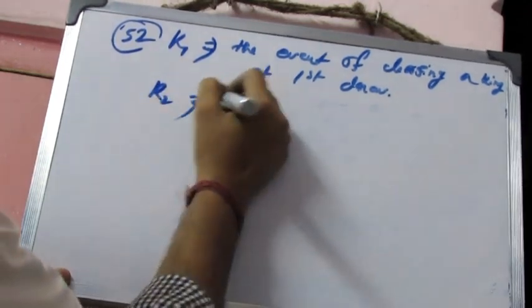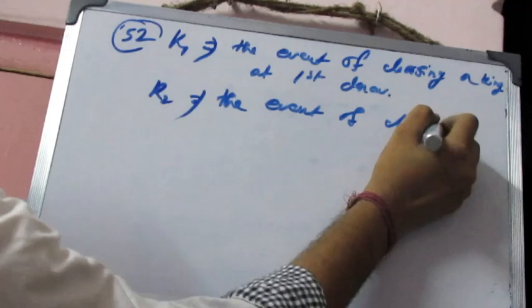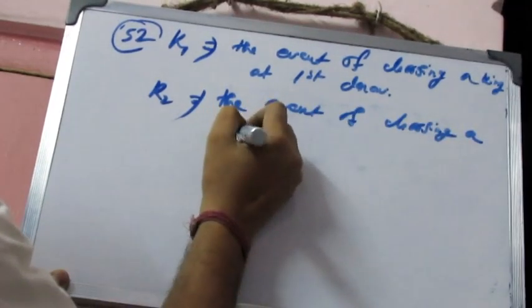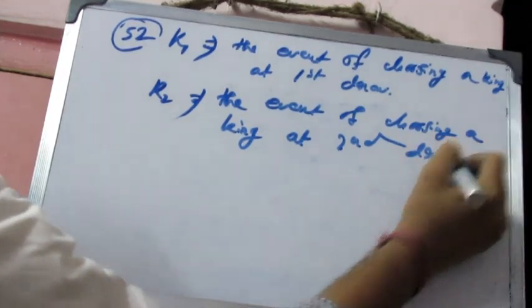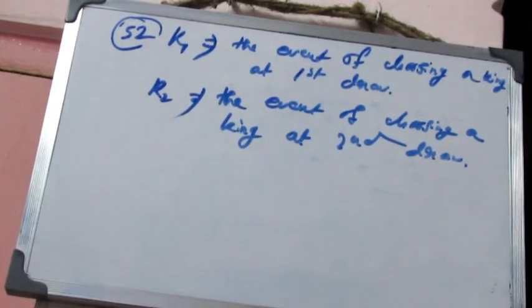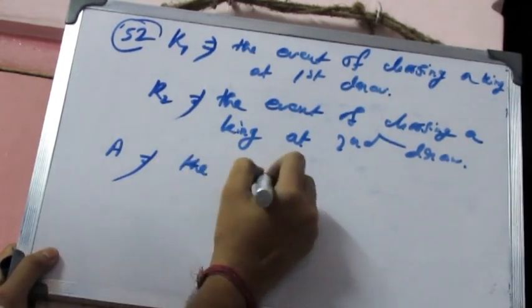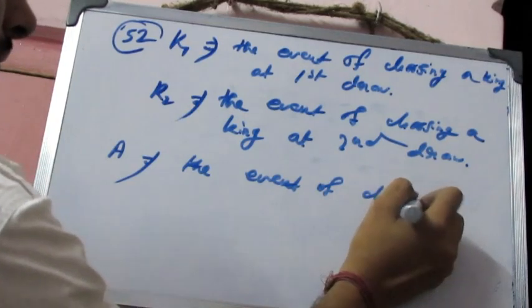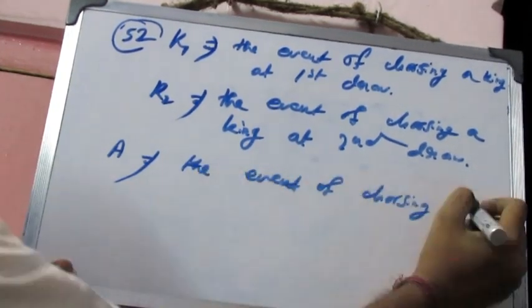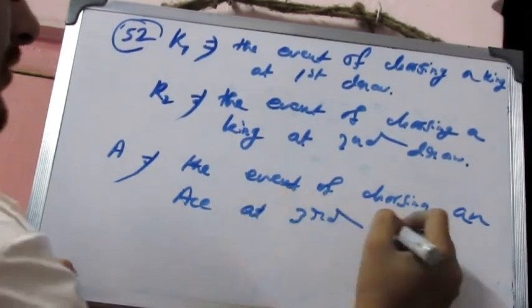K2 is the event of choosing a king at the second draw. A will be the event of choosing an ace at the third draw.